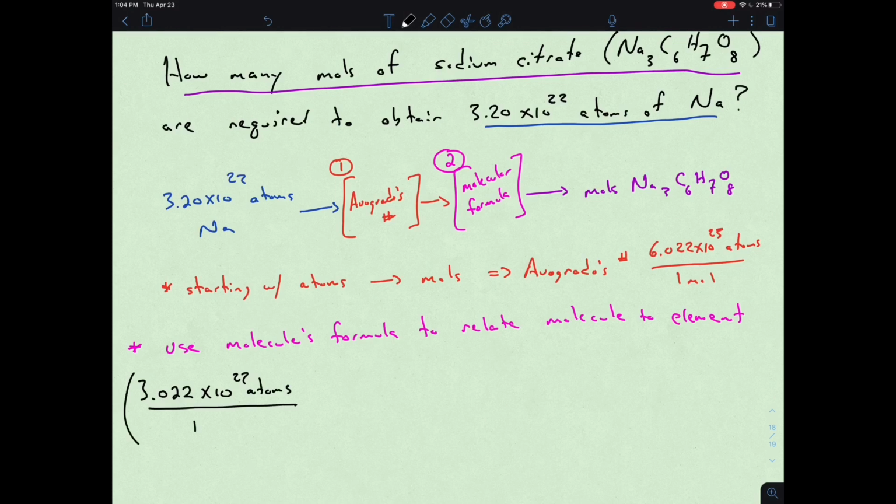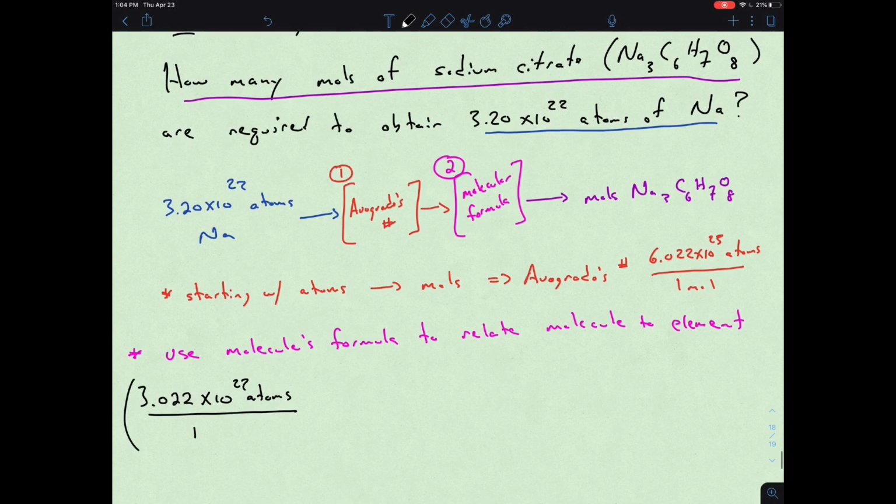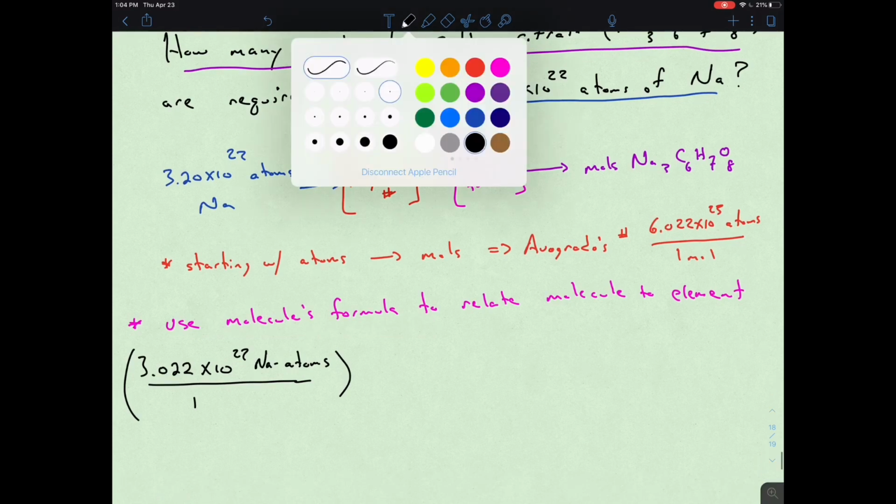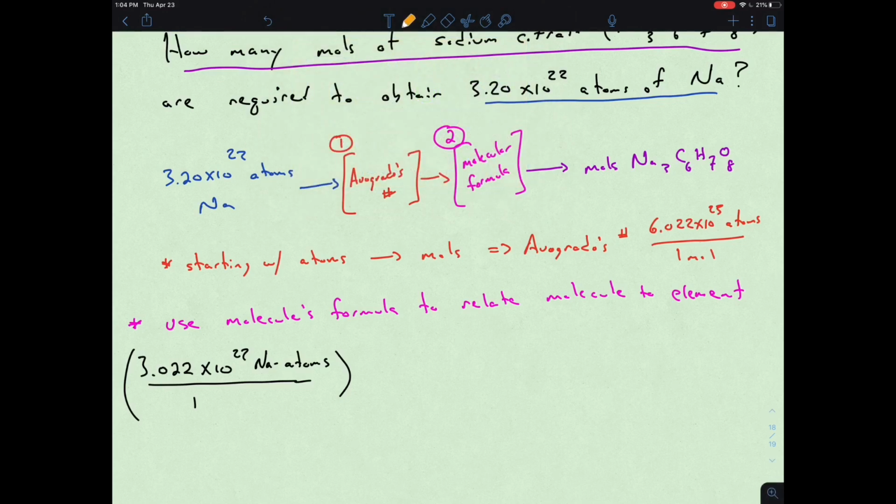So let's start with that measurement, which we have here: atoms of sodium. And we're starting with that notion of the measurement. And then we're going to apply conversions.